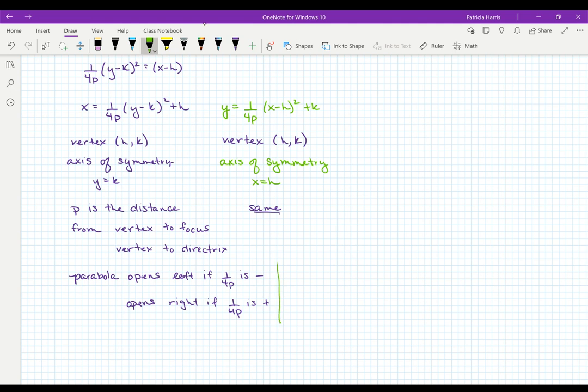For this one, which we learned about in the previous video, the parabola opens up if 1 over 4p is positive, and it opens down if 1 over 4p is negative.